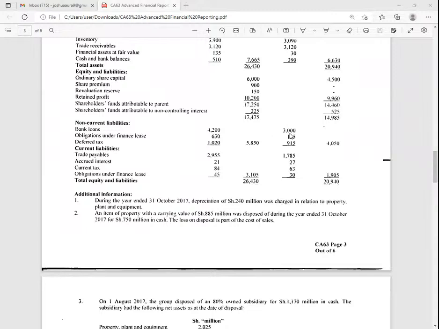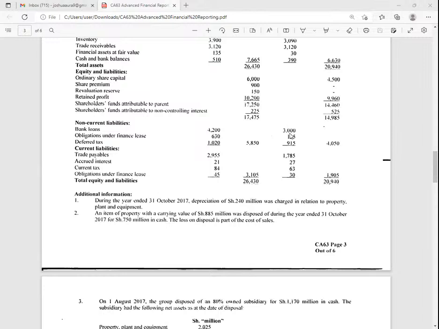I'm doing my T account for the bank loan. Brought down on the credit side is 3,000, and then carried down on this side, it is 4,200.